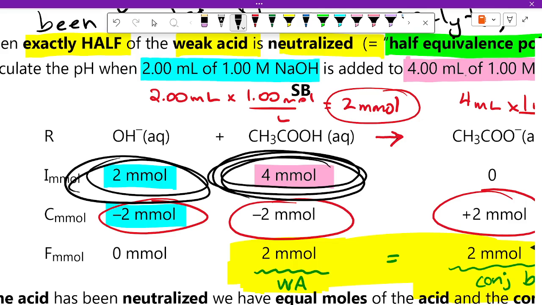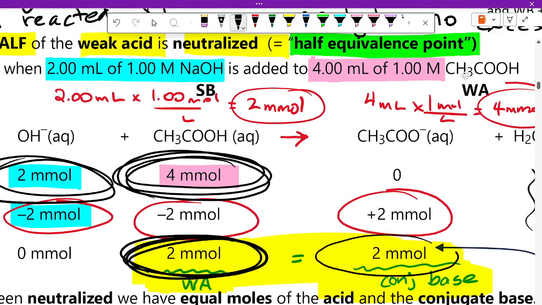When we neutralize half, half stays as weak acid because it has not been neutralized. What happens to the other half? It turns into the conjugate base. So at the half equivalence point, HA and A minus concentrations are equal. Is that just like a buffer? Yeah. Did you understand the buffer? That's it. That's all there is to it.